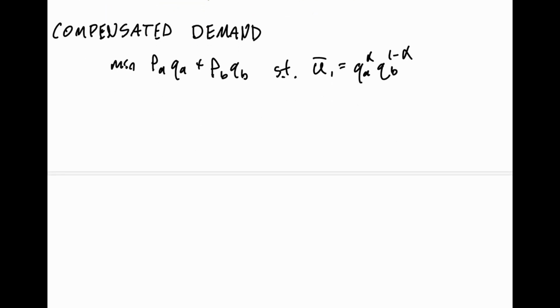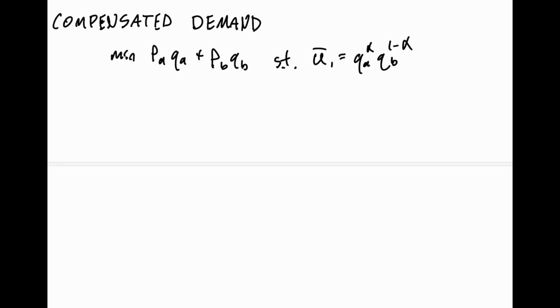So what we're going to do is actually walk through sort of a simplified version of the cost minimization problem, and we'll derive the Hicksian demand or compensated demand curves.